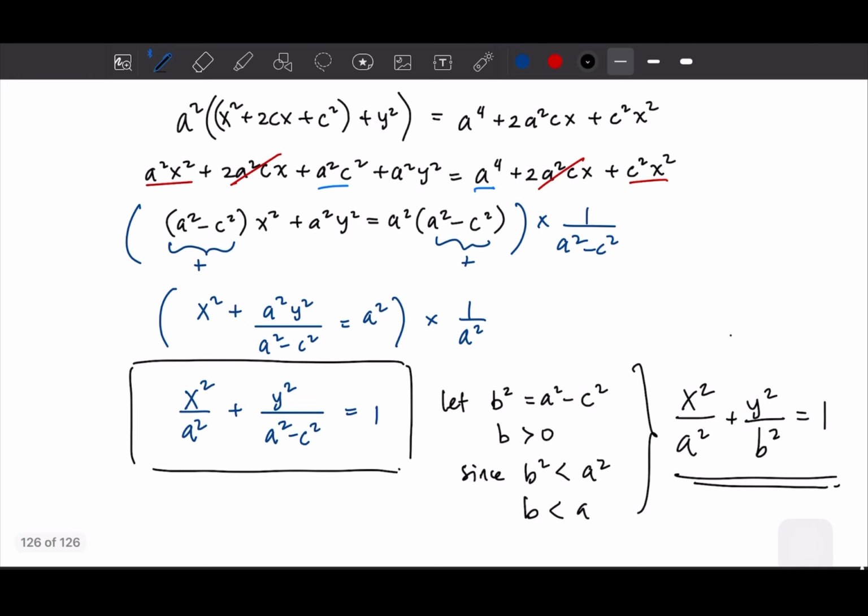This is where a is greater than b. So we define a as greater than b.